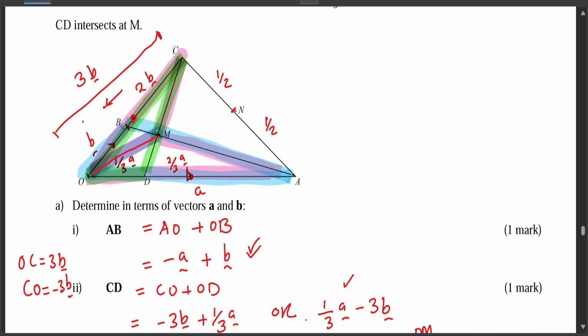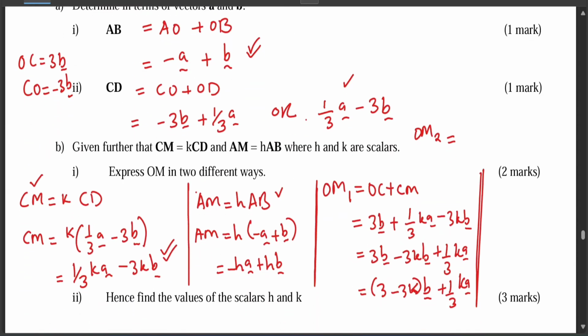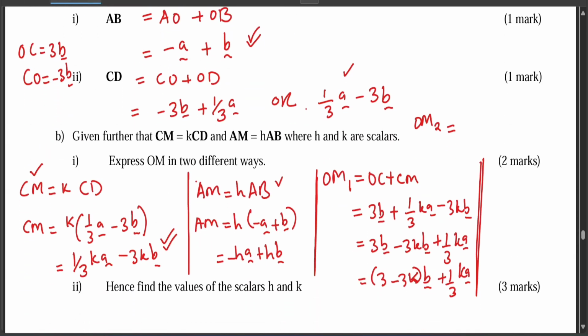Sawa, OA plus AM. So OM yako ya pili ni OA plus AM. OA tayari unao, OA tunasema ni vector A, AM pia unao, AM tumetafuta hapo tukasema ni negative HA plus HB.